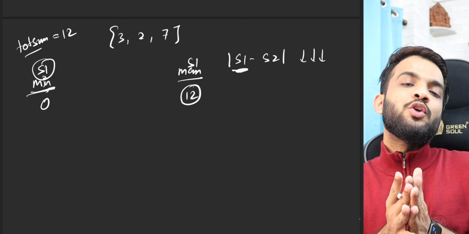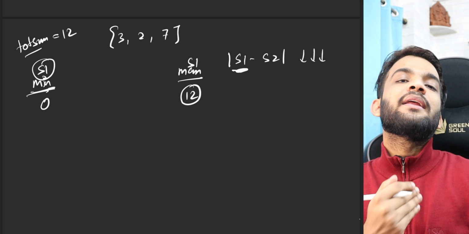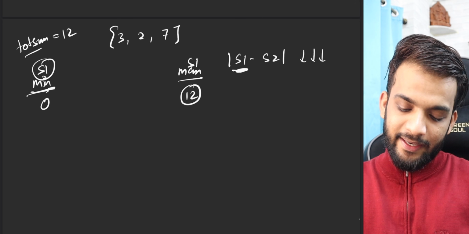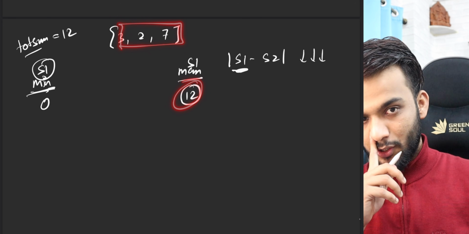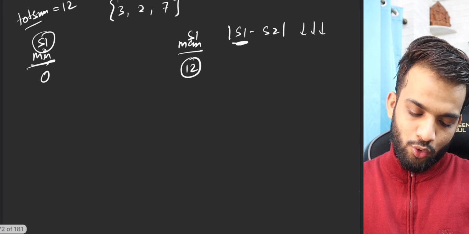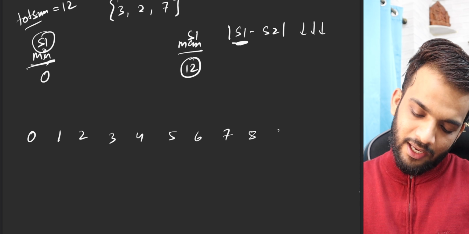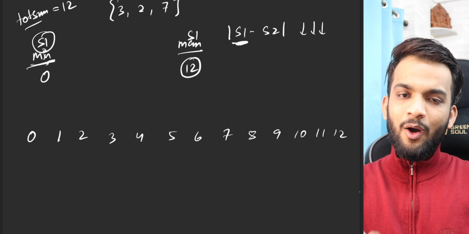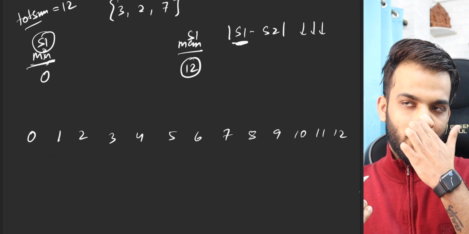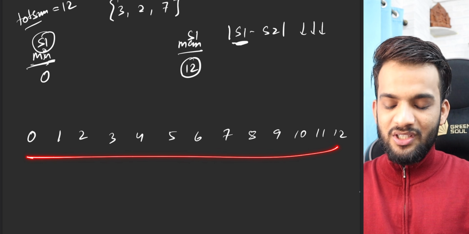So the minimal value is 0 and the maximal value is 12: 0, 1, 2, 3, 4, 5, 6, 7, 8, 9, 10, 11, 12. I know S1 will be in this range, but I need to determine which are the valid S1s, because every value cannot be S1. All the partitions are not possible.